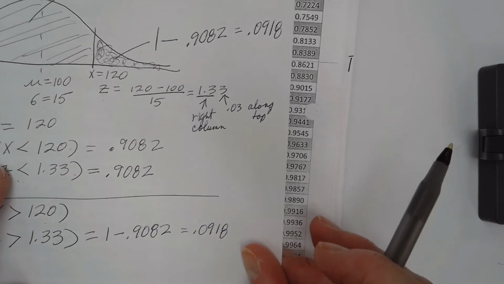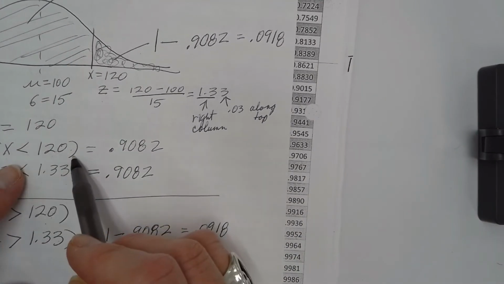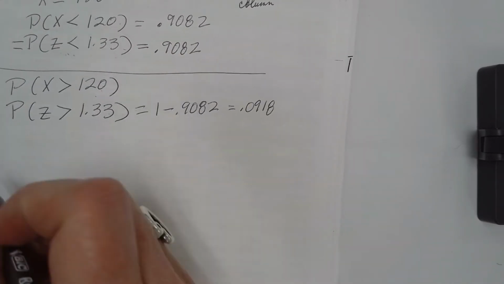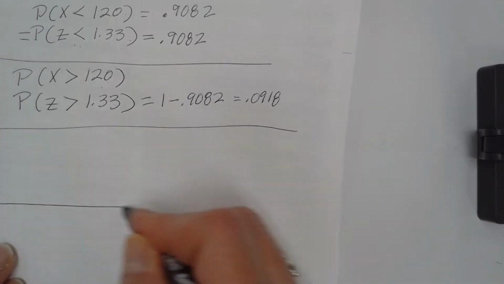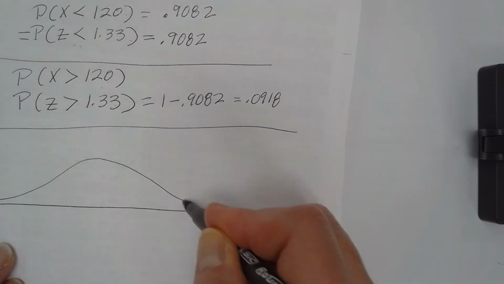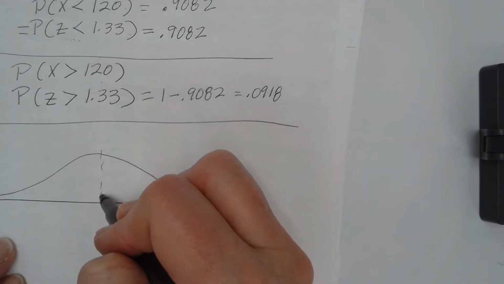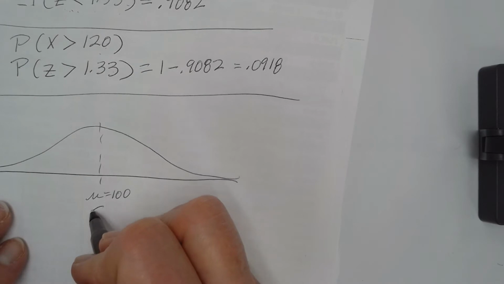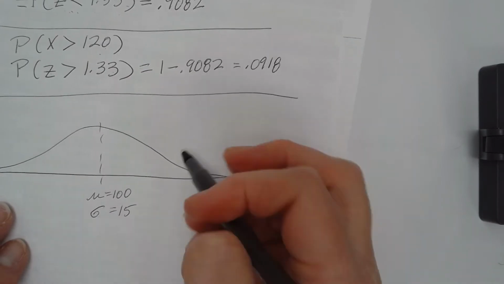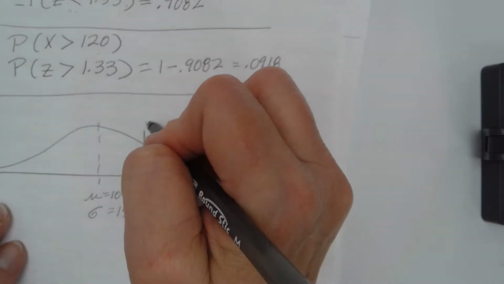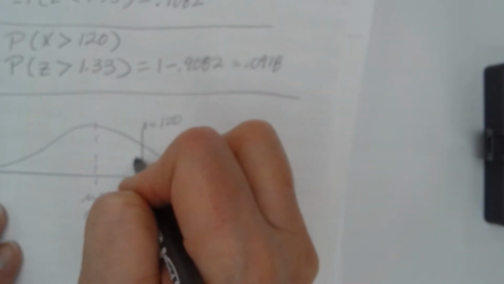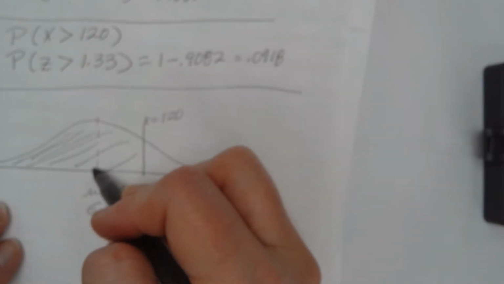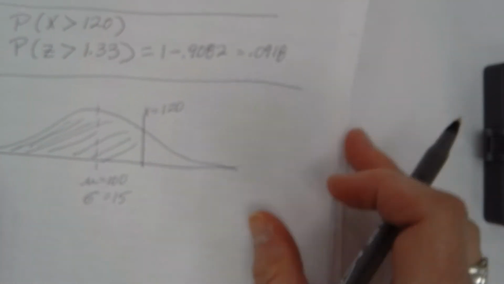All right, so if I want to know the probability that x is less than 120, I'm going to go ahead and just draw the curve again just so nobody's confused. Well, that's not a very good one, but use your imagination. The mean in the middle is 100. Standard deviation is 15. I want x is 120. I want to know the probability that x is less than 120.